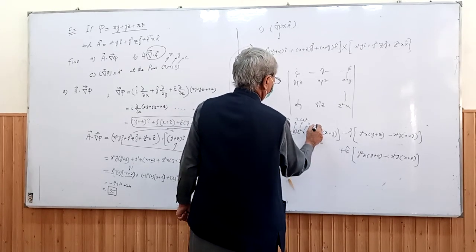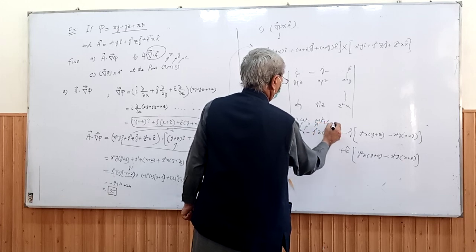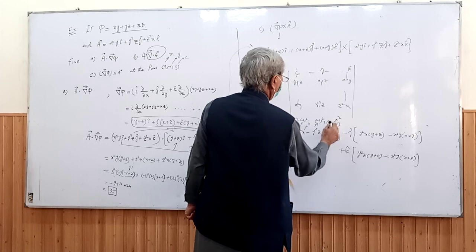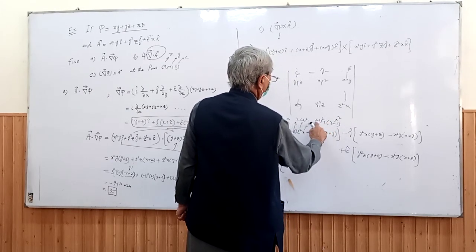Minus 1 square into 2, 3 minus 1. This gives you 2. 2 into 2 is 4. And this is 1.